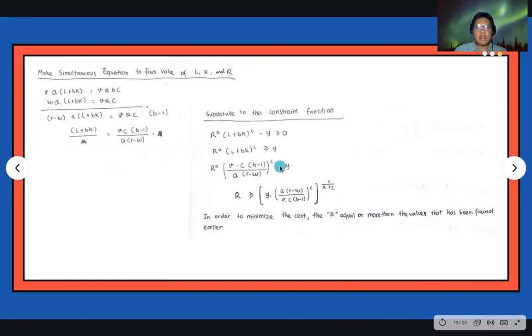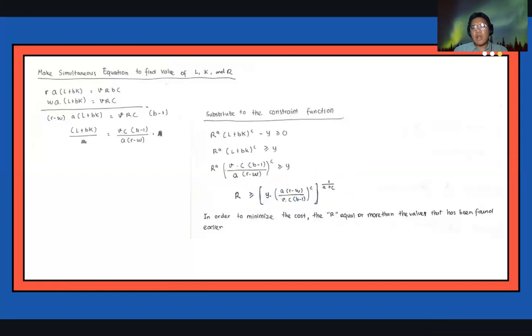But still, this is not enough. You have to make R the subject, so R equals the given value found earlier. So the conclusion is that in order to minimize the cost, R must be equal to or more than the value that has been found earlier.